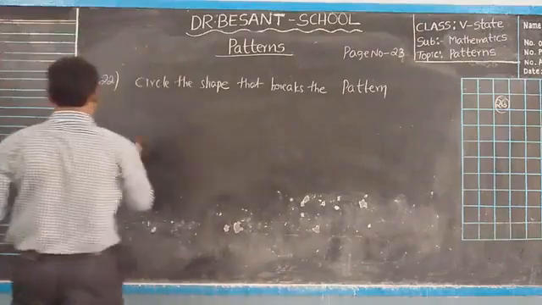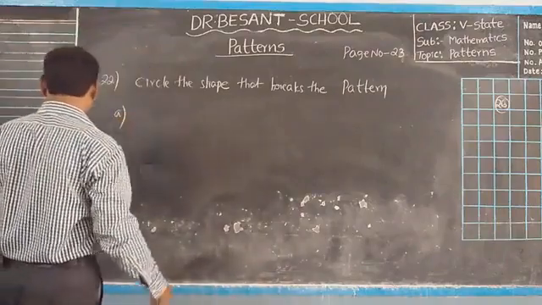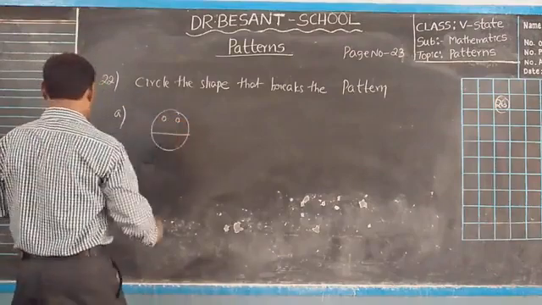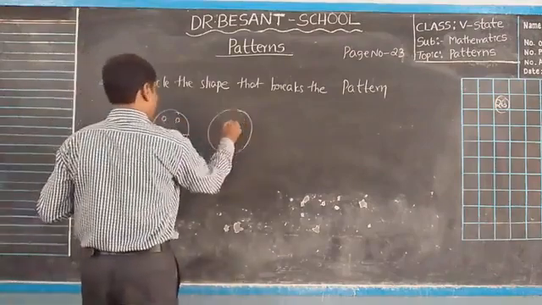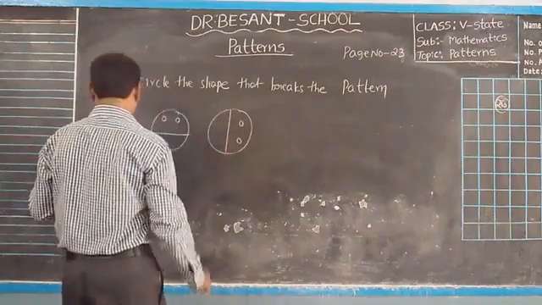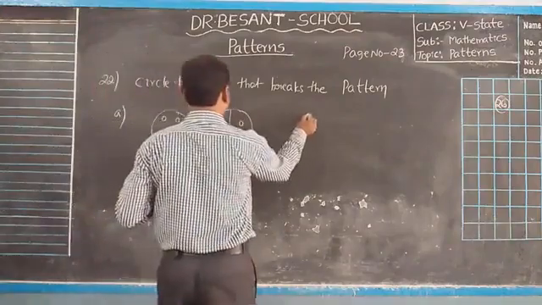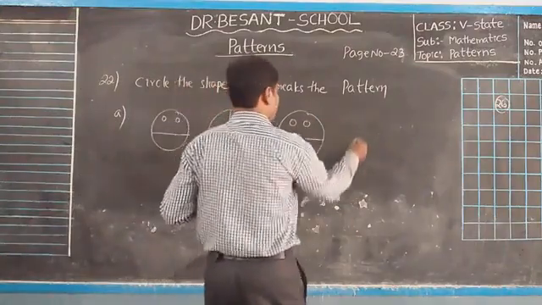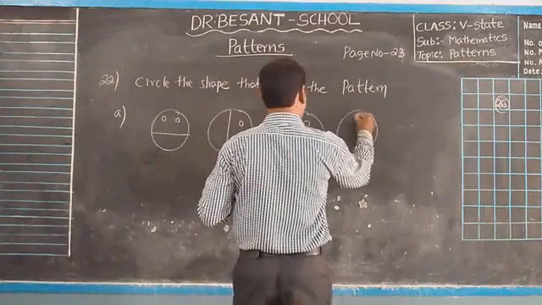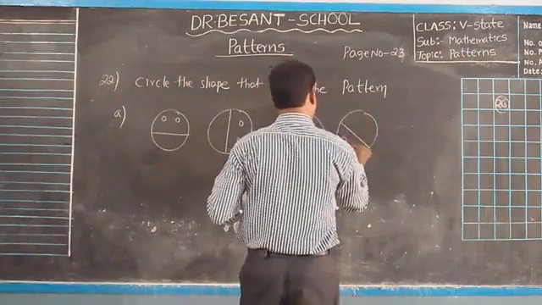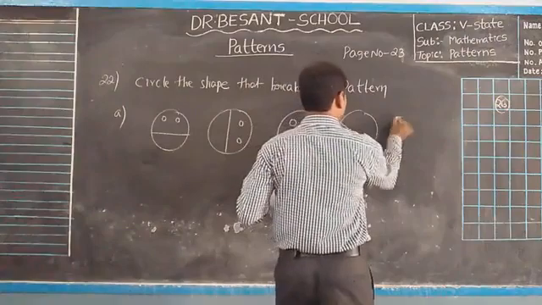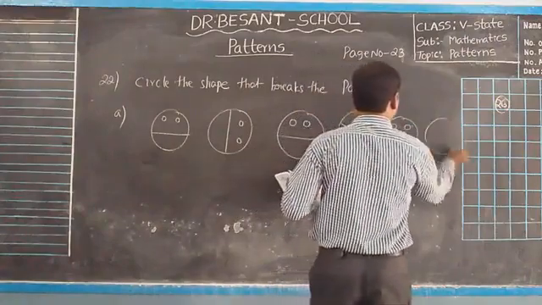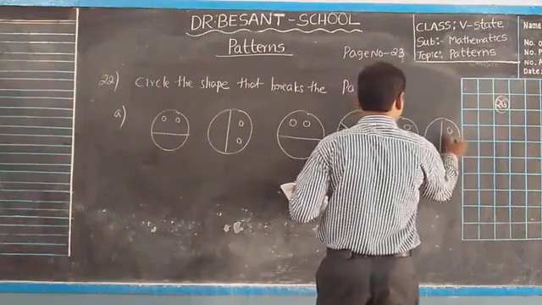Okay, first A, observe here, first one, observe here the second one, third one, fourth one, fifth one, sixth one.